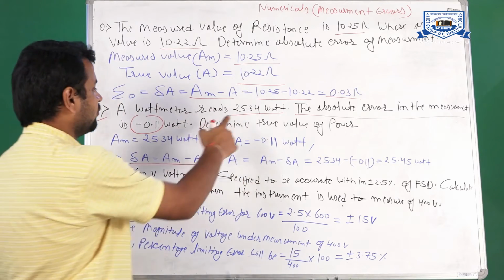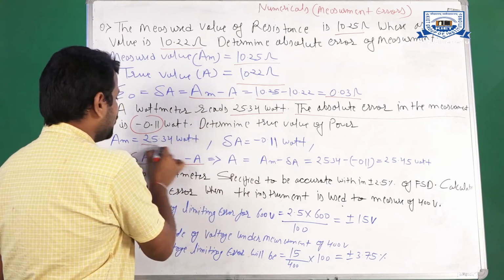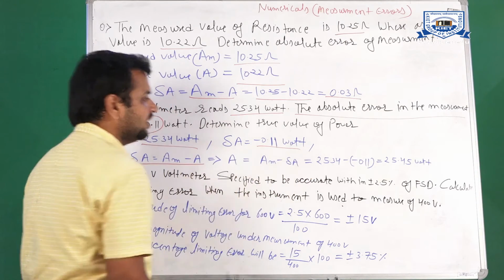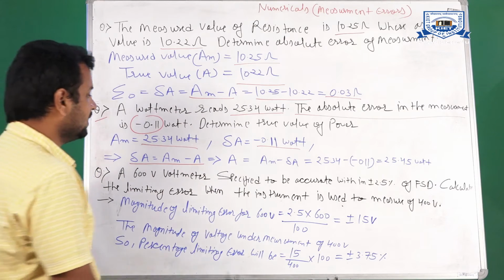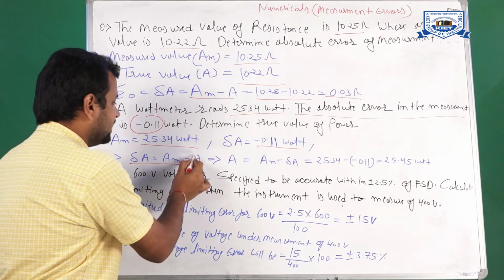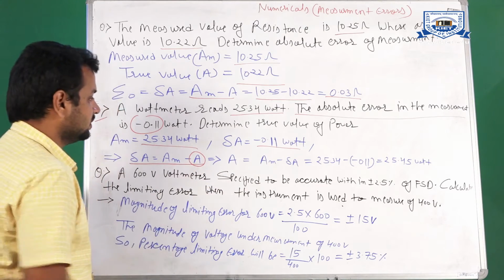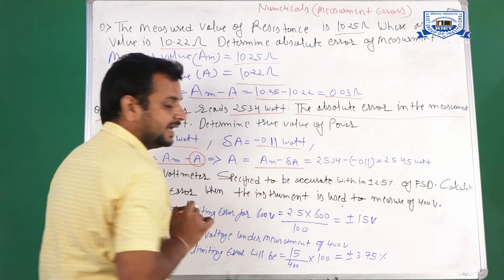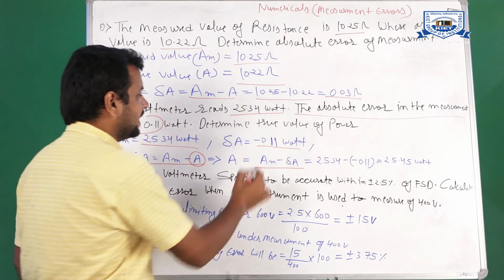that is 25.34 watt, and the absolute error is minus 0.11 watt. So you know the formula, del A is equal to AM minus A. From that, if you find the true value, A will be equal to AM minus del A. The value of del A is minus 0.11.